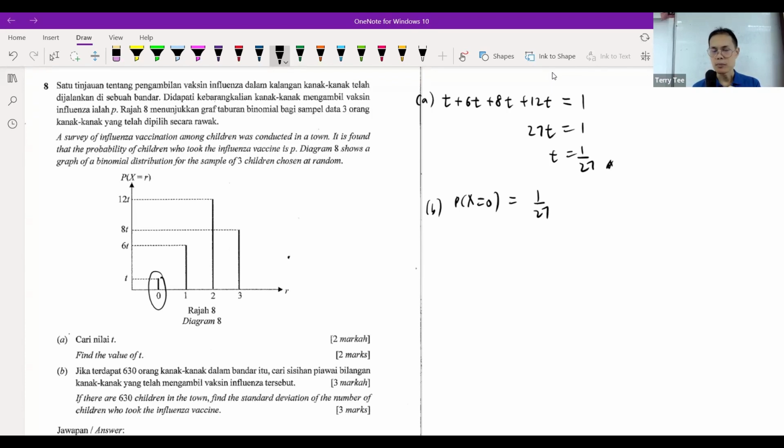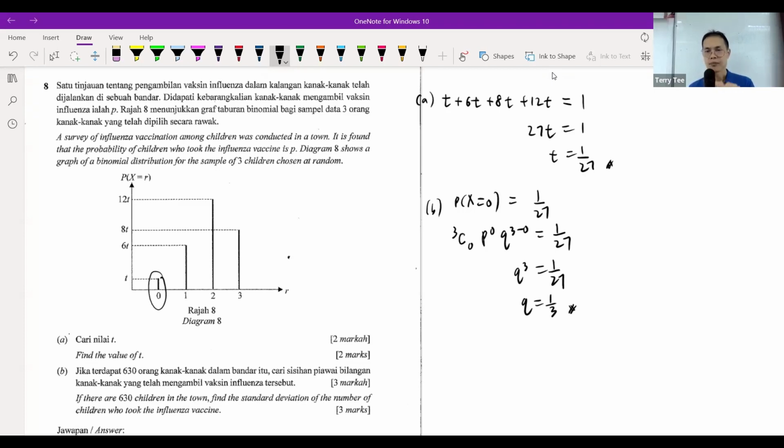Remember the binomial formula: n is 3, so 3C0, P to the power 0, Q to the power 3 minus 0, equals 1 over 27. Anything C0 is 1, P to the power 0 is also 1, so Q to the power 3 is 1 over 27. Q is the cube root of 1/27, which is 1/3.